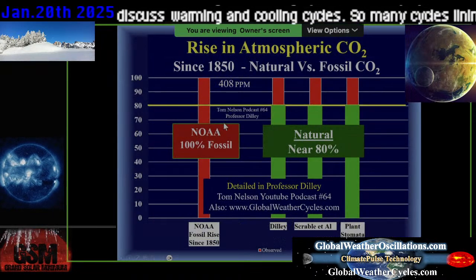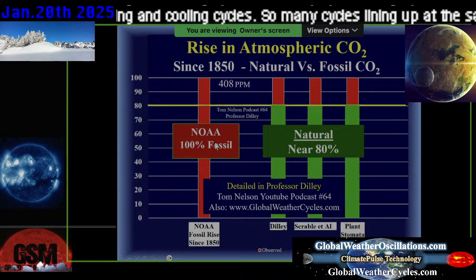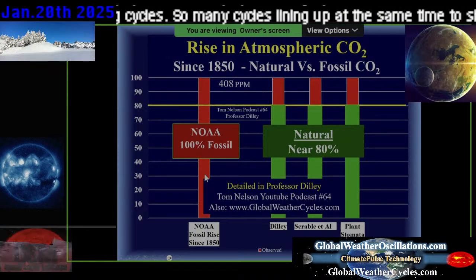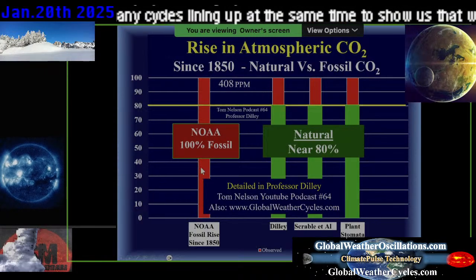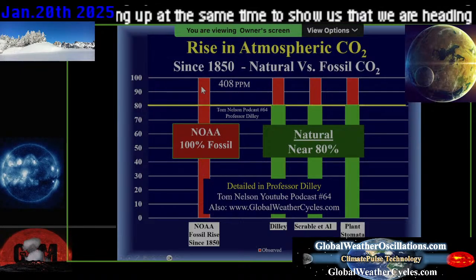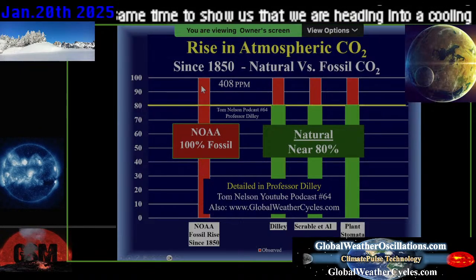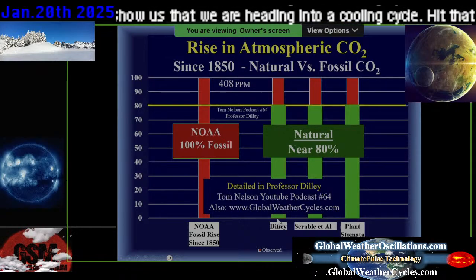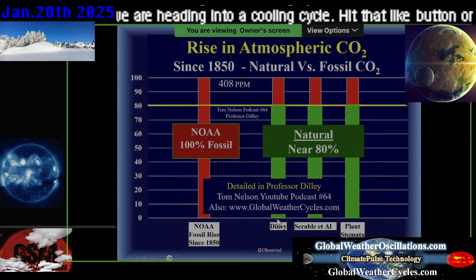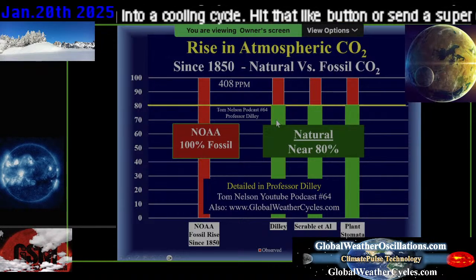Okay, NOAA. Since 1850, NOAA says that the rise in carbon dioxide in the air is 100% due to fossil fuel. 100%. Well, my research, and I'm going to show you a little bit more of it, says that no, it's 80% natural.